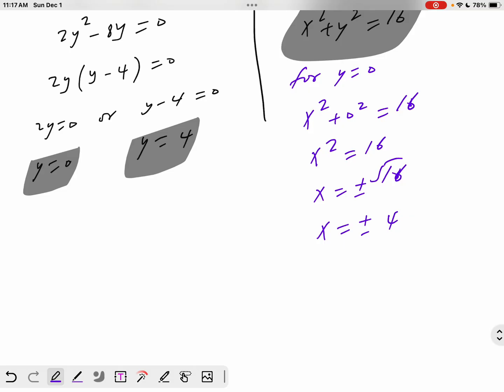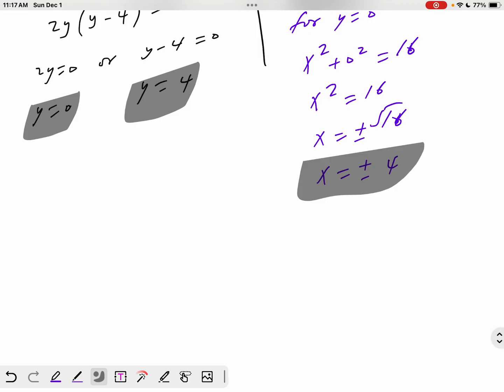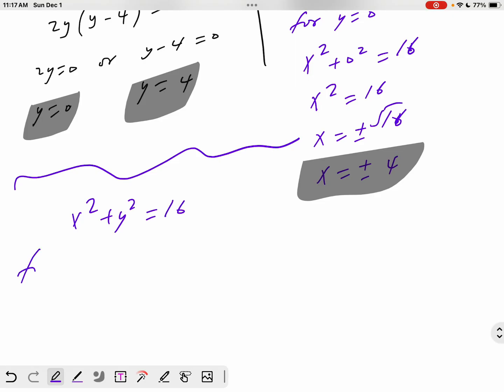So for y equals 0, we have two x values. So it's going to be 0, 4 and 0, negative 4. I'm sorry, other way. x always first, so 4, 0 and negative 4, 0. The next one is the y equals 4. So again, write x squared plus y squared equals 16. Same equation.